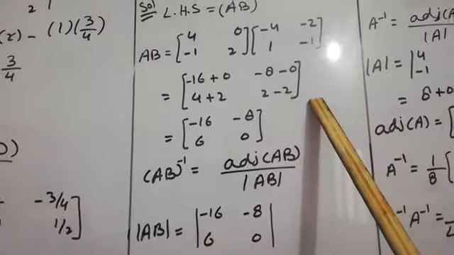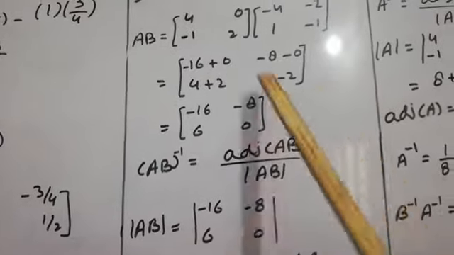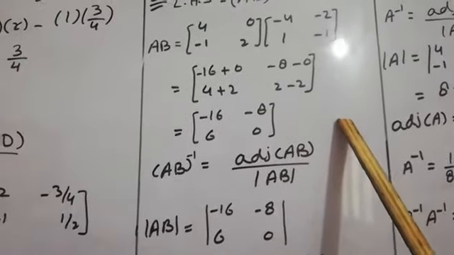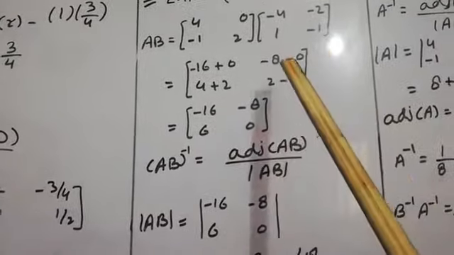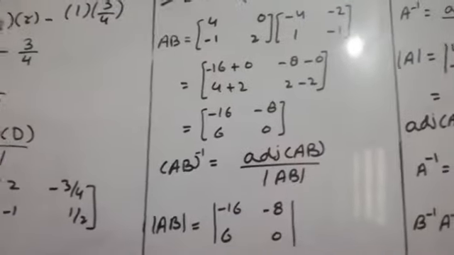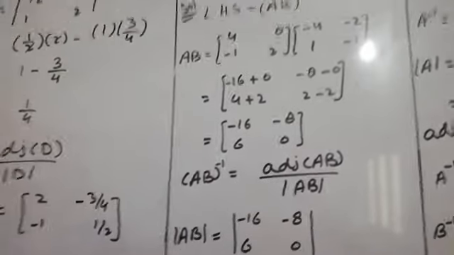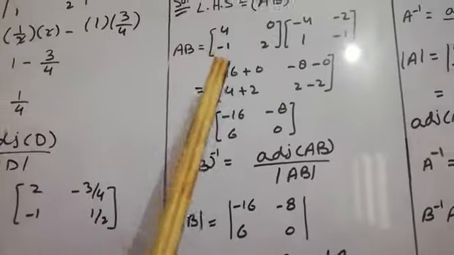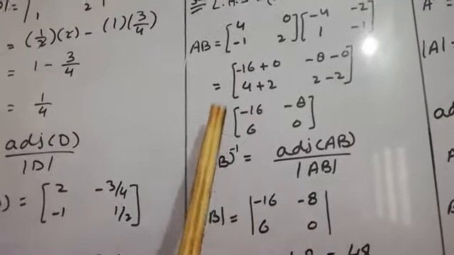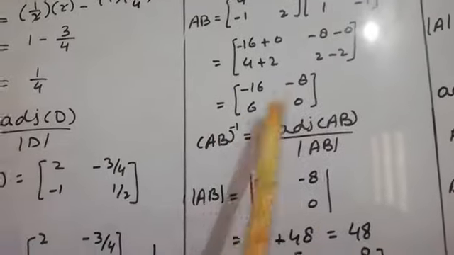Now we will write the values with the help of the multiplication, and keep in mind that their signs will also be multiplied. So now we will get AB is equal to [-16, -8; 6, 0].